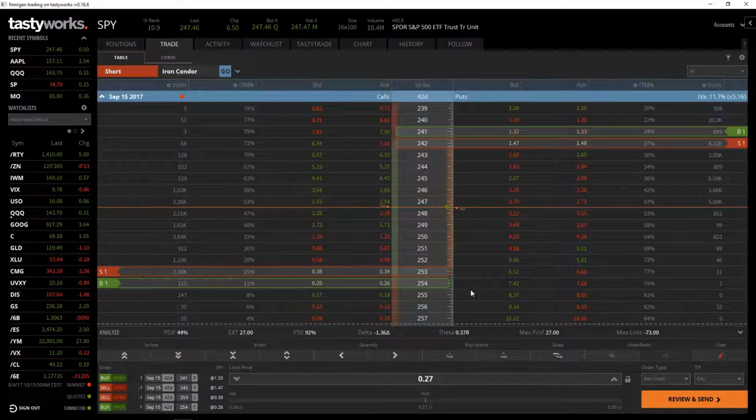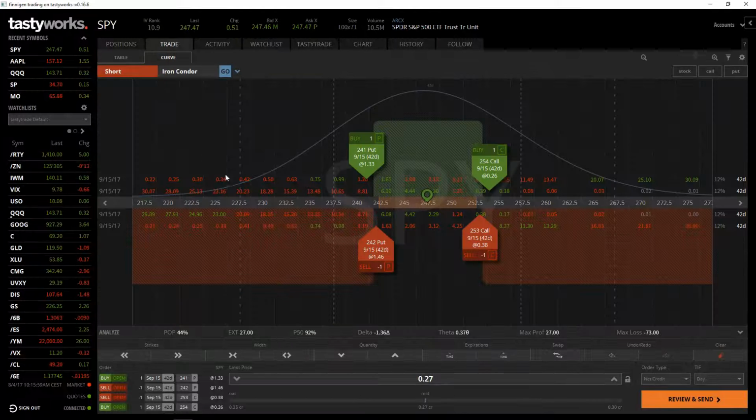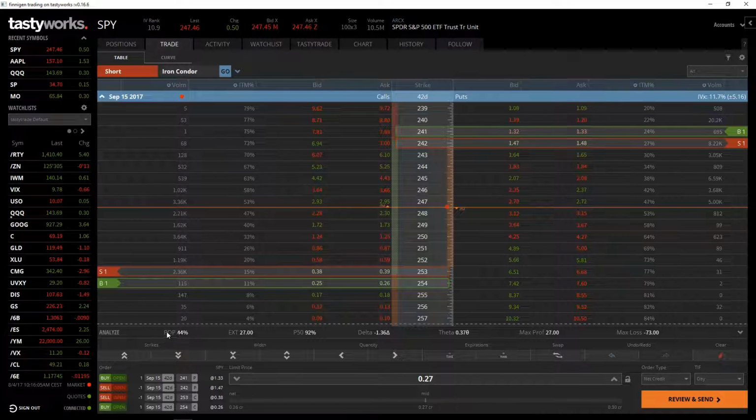And as you can see down here now, this would be a short Iron Condor with a defined risk, so it's not undefined risk anymore. But the payoff still looks very similar. Here you can see the profit, the probability of profit, the max profit and the max loss.